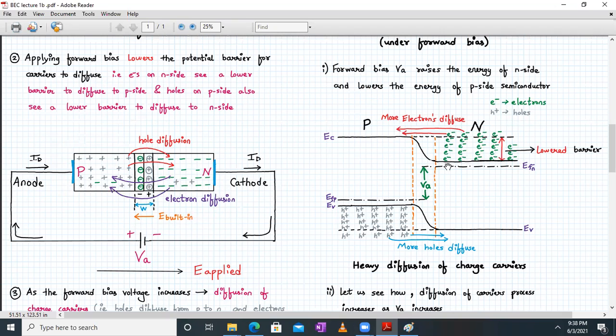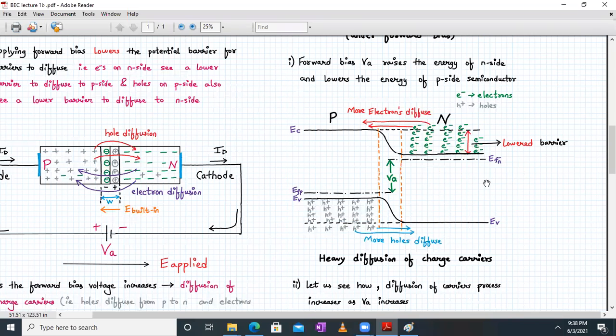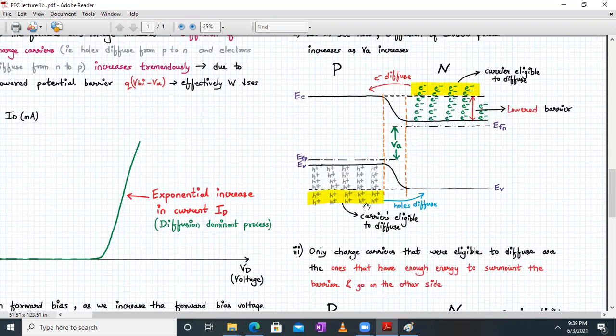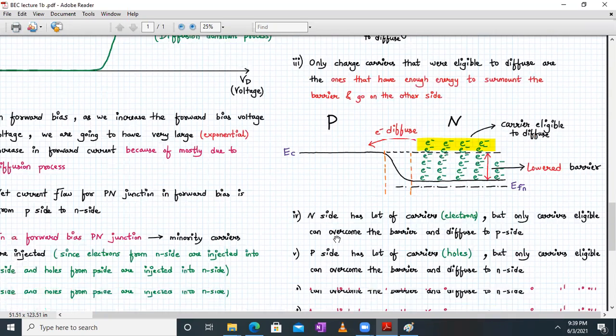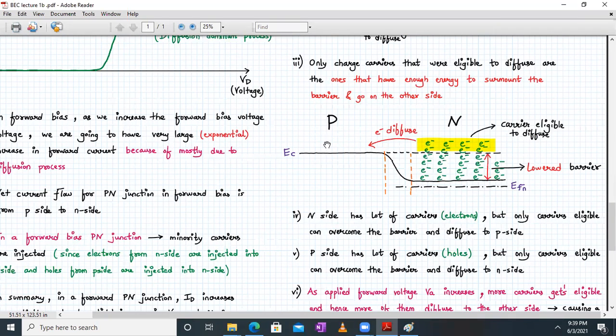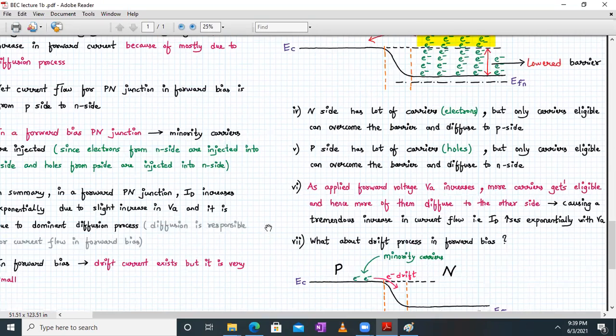This increase is coming at a lowered barrier on either side. Electrons and holes see a lower barrier to diffuse across, and only those which have enough energy to diffuse will cross the barrier and reach the other side, contributing to the current flow. Once the electrons go to the other side, there will be a current.